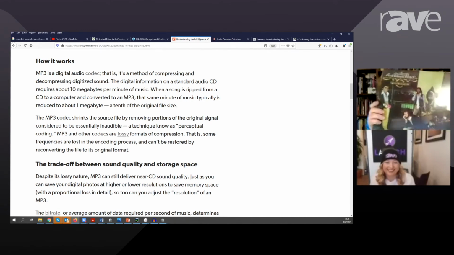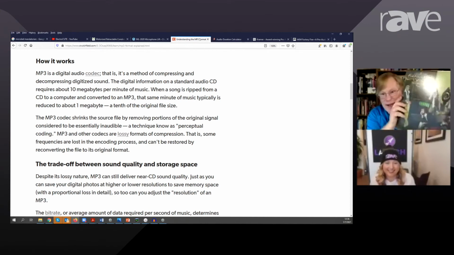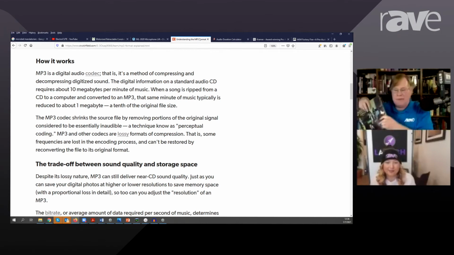Obviously, this is an analog format. So it's like, wow, LPs sound really great. Well, they can, as compared to an MP3, because an MP3, depending on what bit rate you get down to, could be compressing at like a 10-to-1 compression rate.